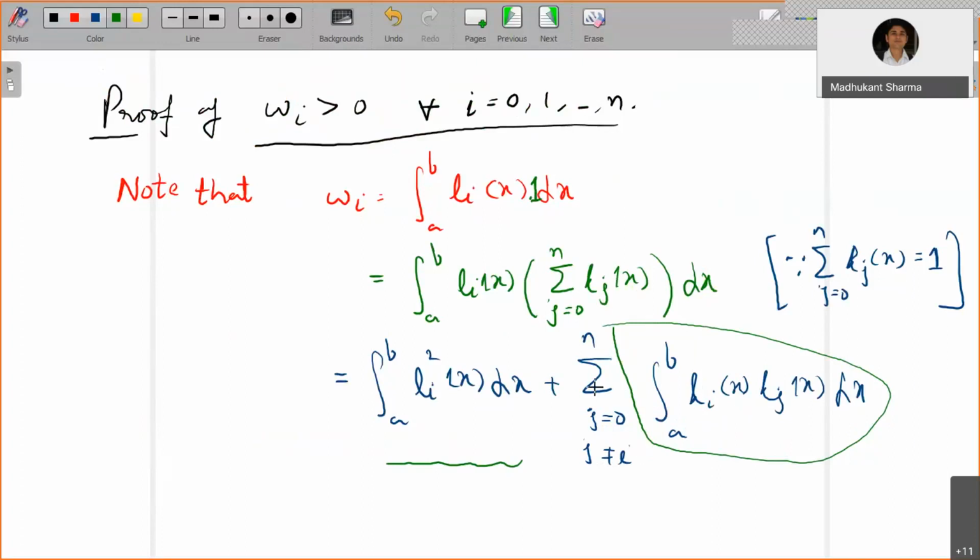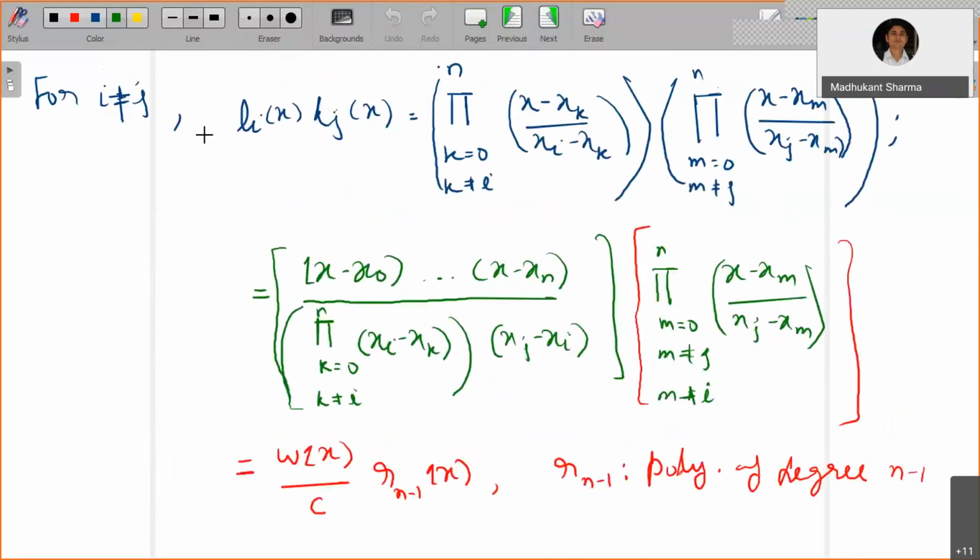So to prove that wi is greater than 0, we need to show that this is equal to 0 whenever i is not equal to j. This can be proven by using the orthogonality of w on the functions 1 to x to the power n minus 1. Now for i not equal to j, I have written li of x times lj of x.